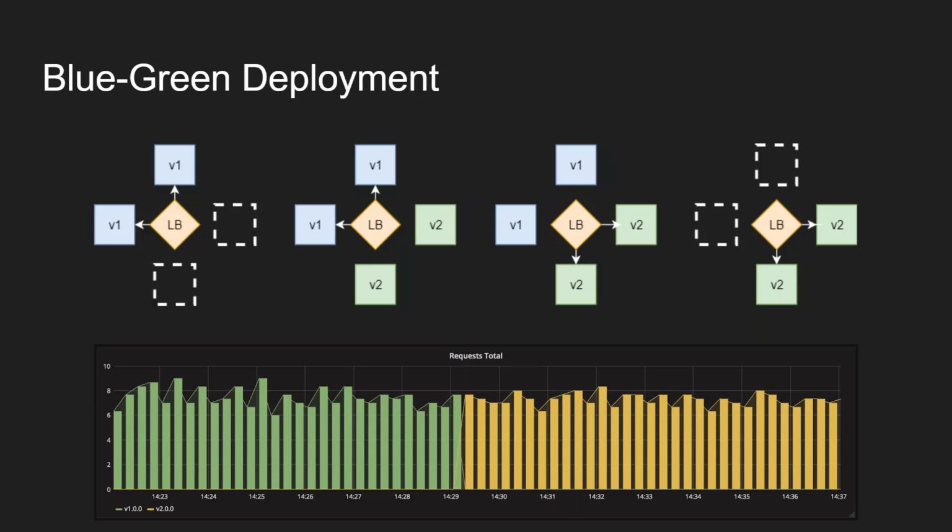If you want to do it manually, as we showed, there are these selectors and labels, and there is a command, kubectl patch, with which you can change the labels. With this simple patch, you do this switch. Clear?